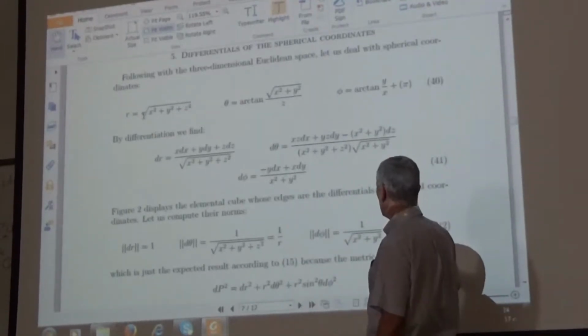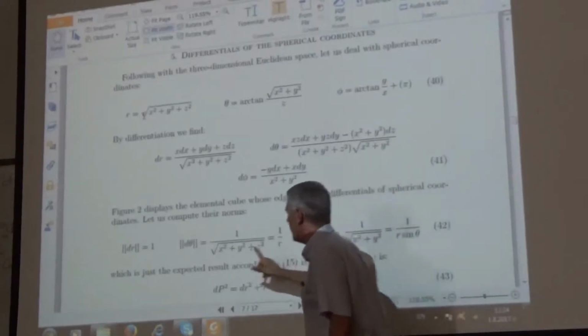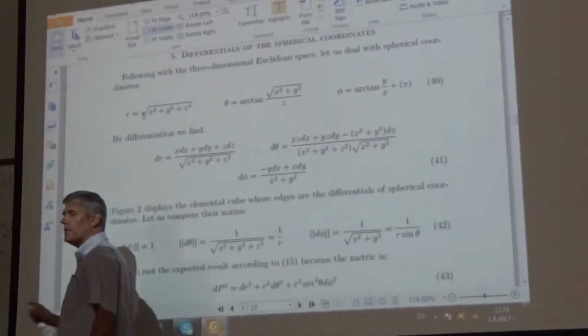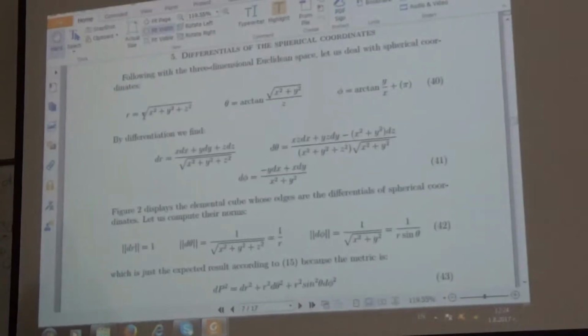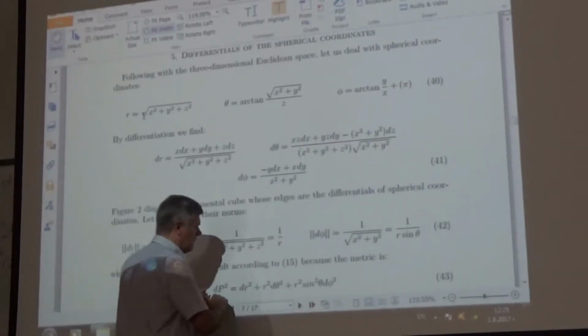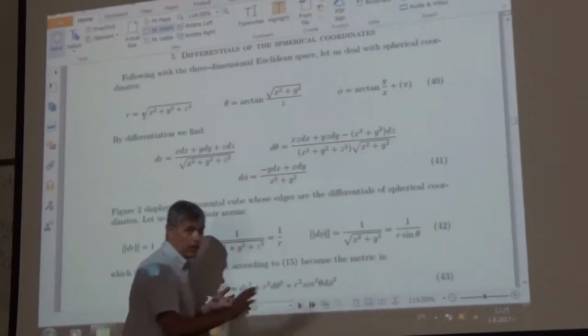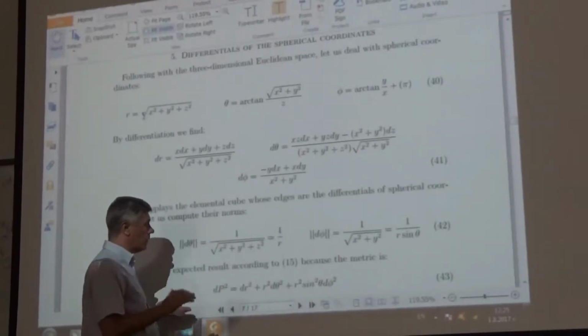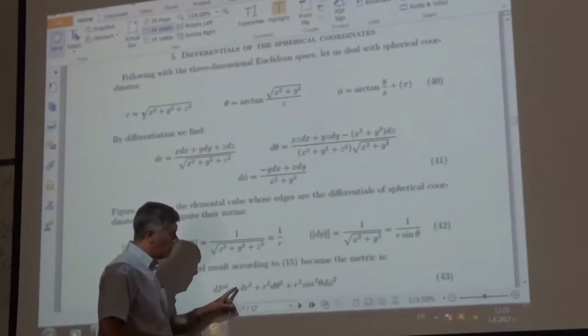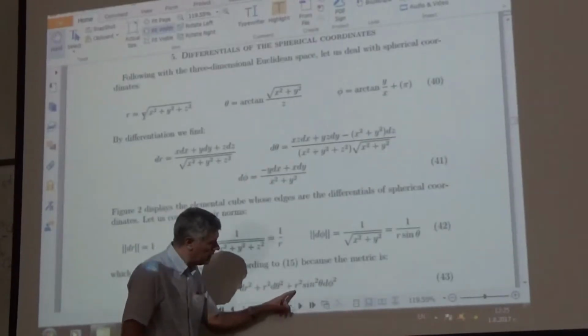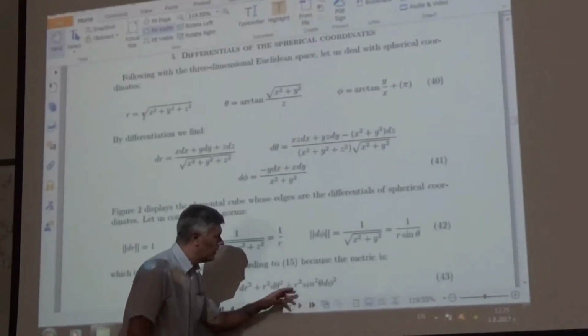We find here the norms of the differentials of these coordinates, which are not one in general, because they are linear coordinates. They are just the coefficients of an orthogonal metric, because they are orthogonal coordinates. Just these coefficients, 1, r, and r sine theta.